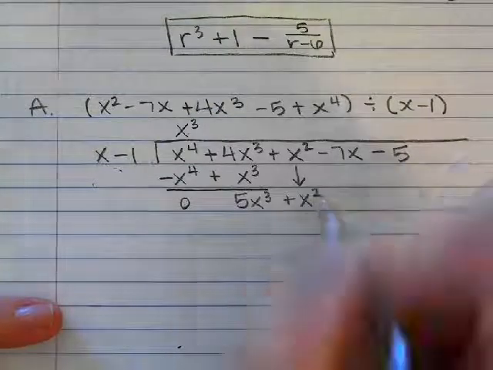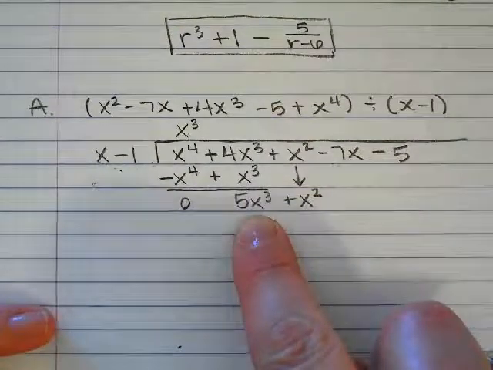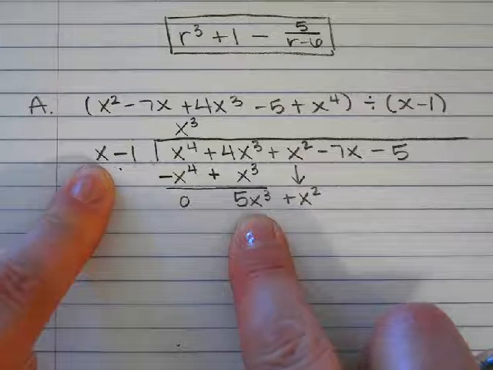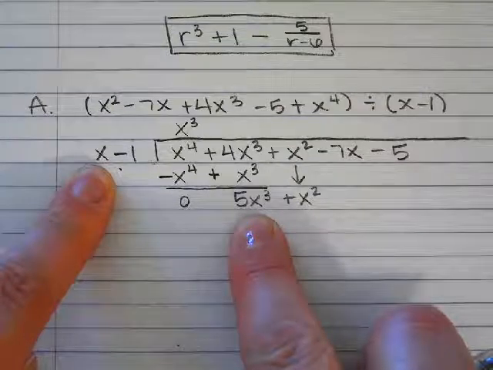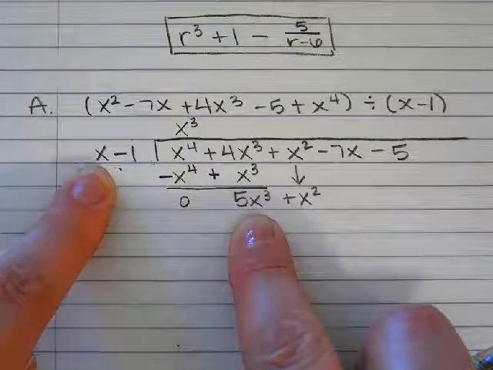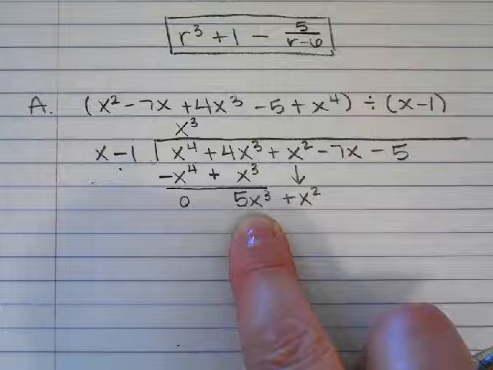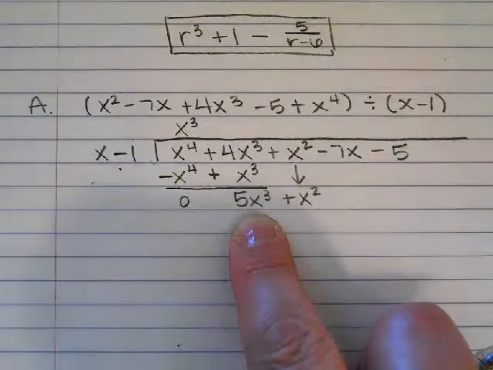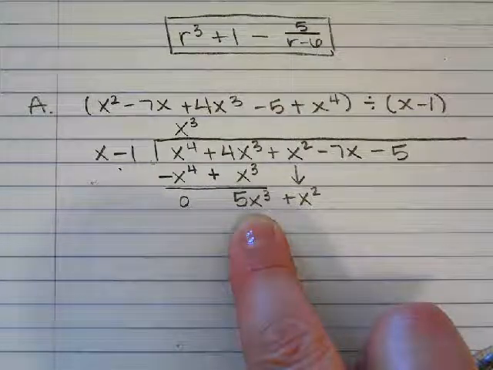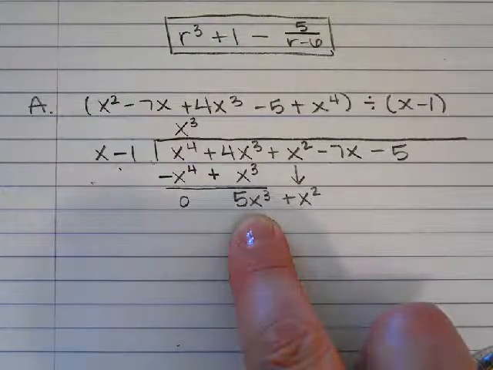Okay, so I'm only paying attention to the first term. And what do I ask myself? Yeah, x times what is 5x to the third? 5x squared.